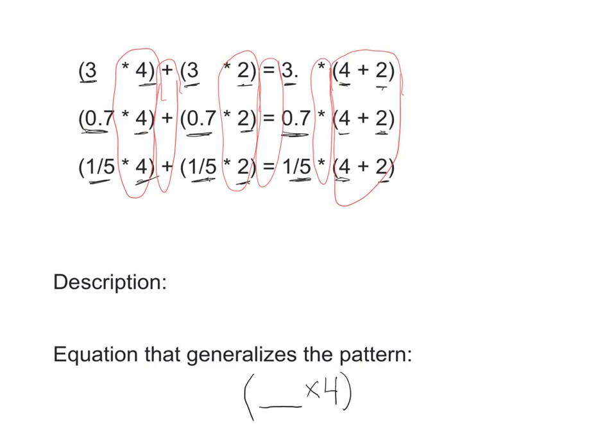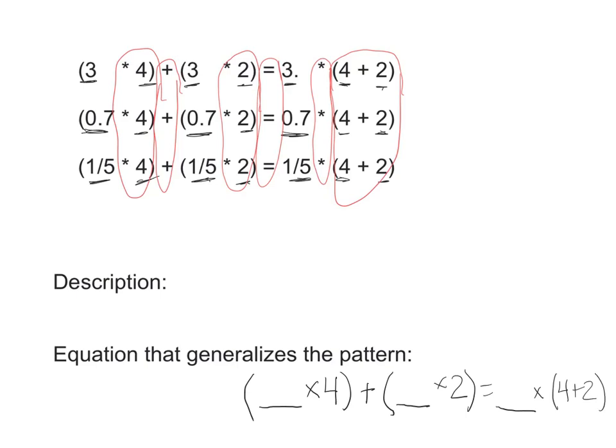I have a plus in all of them, I'll keep that. Next, those numbers are all different, so I will just write a line. Then I notice I have a times 2 in all of them, and equals in all of them, different numbers, so I'll draw a line. Then times, all of them have 4 plus 2, so I will keep that.